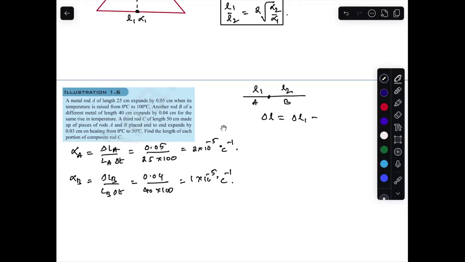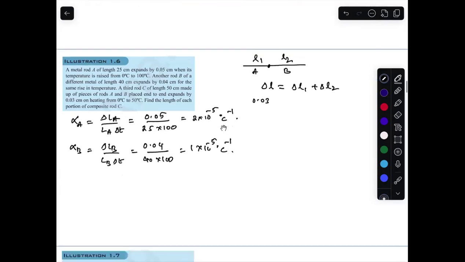Delta L1 plus delta L2, and remember, you have given me delta L, which is 0.03 centimeters. What I can write is L1 alpha A delta T plus L2 alpha B delta T. Hold on.